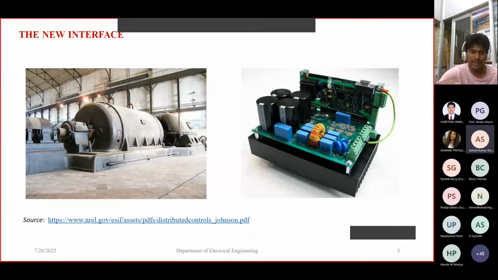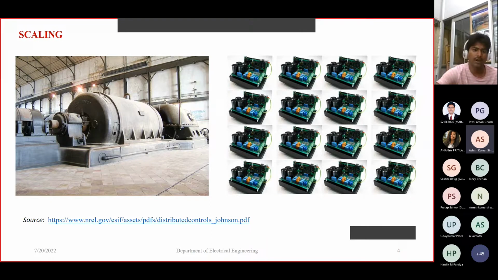This is the new interface, and this is the scaling. For example, conventional synchronous generators are rated in megawatts, 210 megawatt, 500 megawatt, but a single inverter cannot be equivalent to that much rating. So for that we are scaling. Approximately 10 to 20 inverters are equivalent to one conventional synchronous generator.